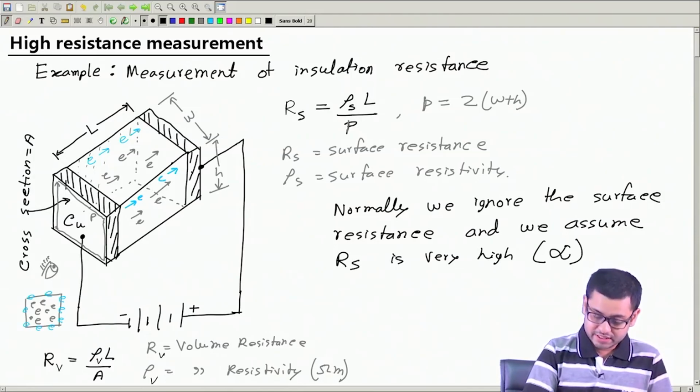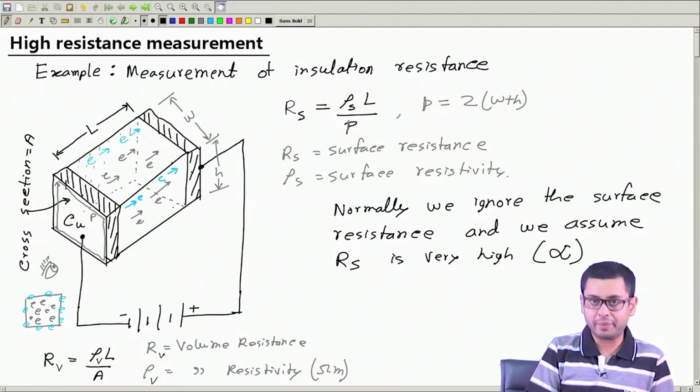But when this itself is an insulator, so that only a small amount of current goes through the inside, through the volume of this block, then this surface current is also comparable to the volume current. Okay.